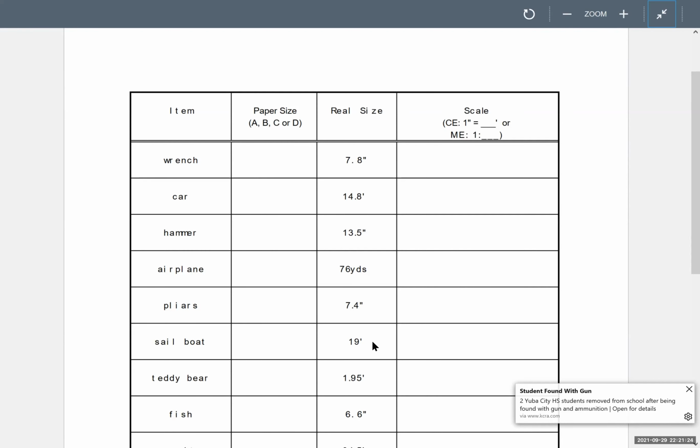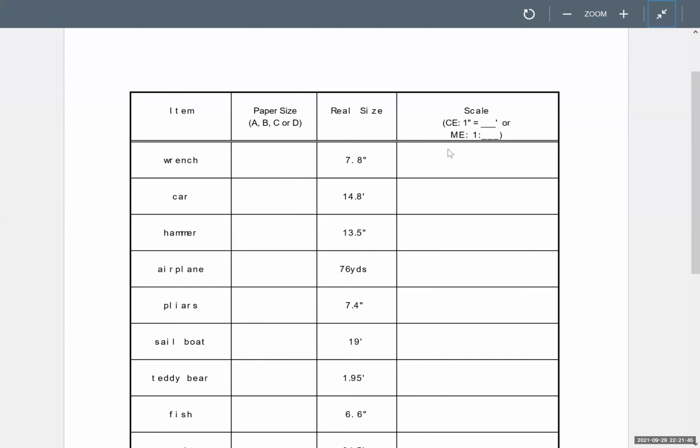And I told you what the real size was, and you had to determine whether you were going to do civil or mechanical engineering scale. Because civil engineers tend to use the scale and mechanical engineers tend to use the size, I suggested that you use the scale for civil and the size for mechanical.